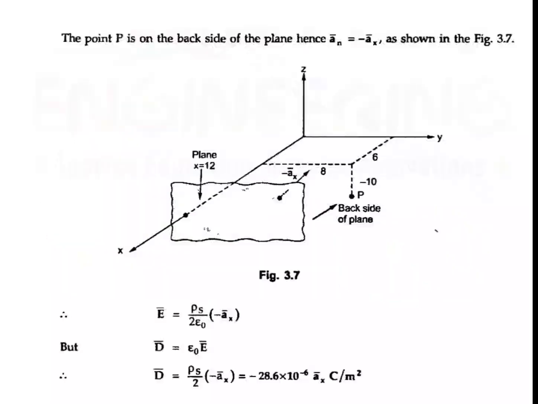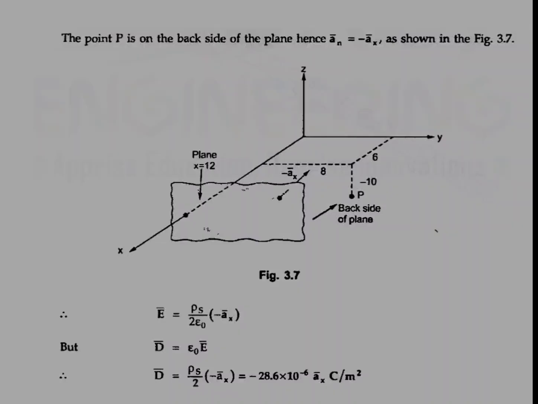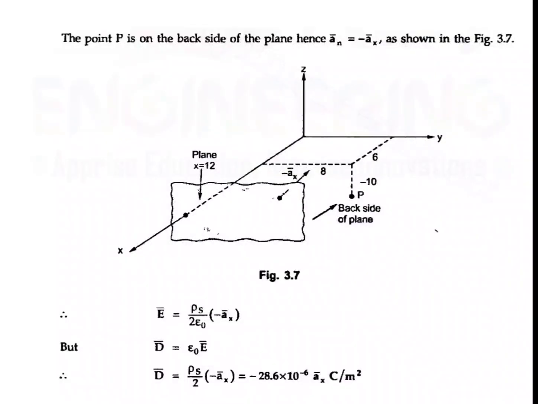So by substituting here, this D bar value is equal to minus 28.6 into 10 power minus 6 AX bar coulomb per meter square. So this is the solution of the problem. Thank you.